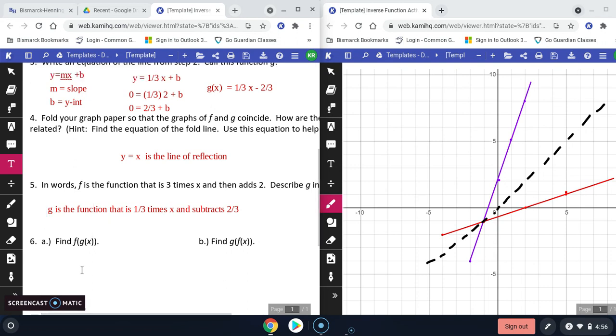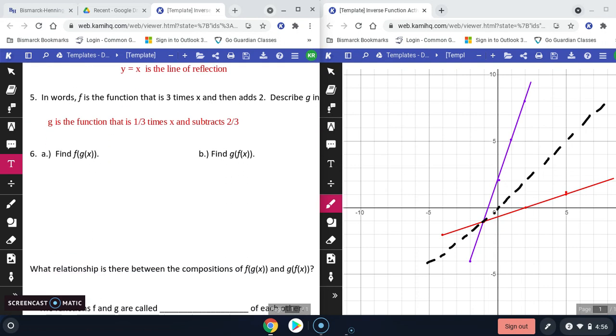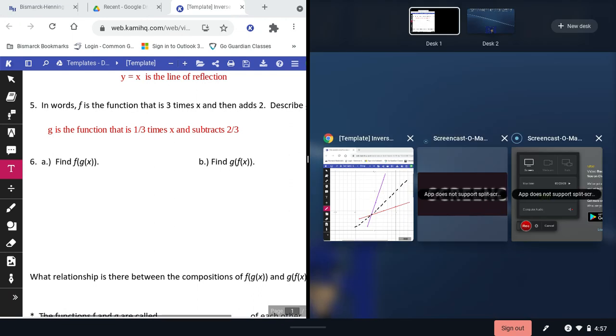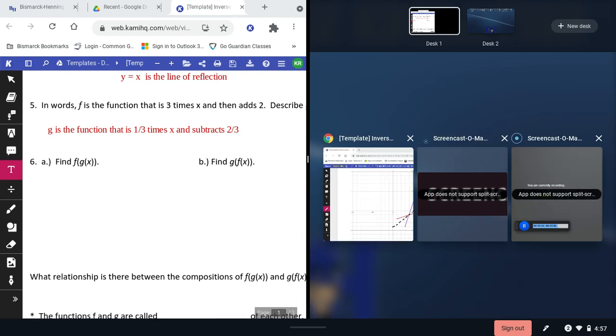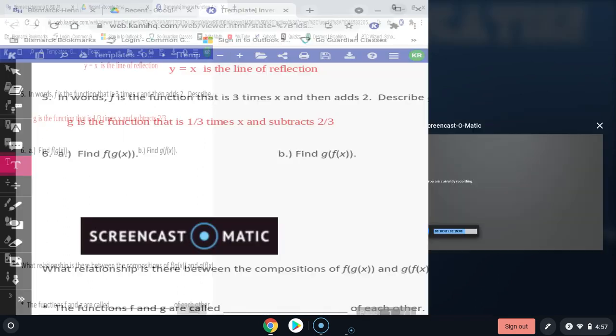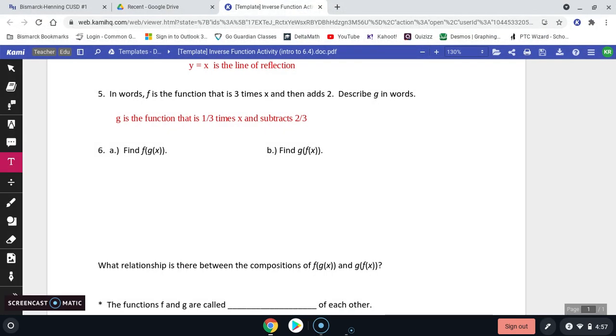All right. Okay, we've been working with composite functions a little bit, and that's what I want to show you here with 6. So this is kind of an important step. So we're going to do f of g of x. So really what this says is that g of x gets put inside of the function f.